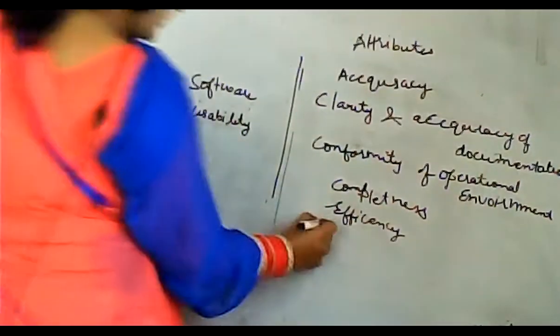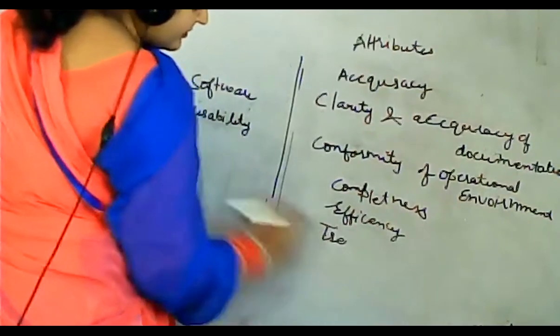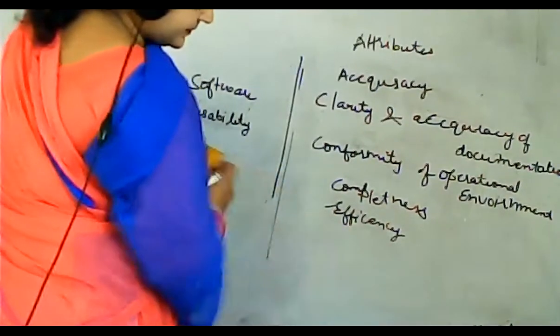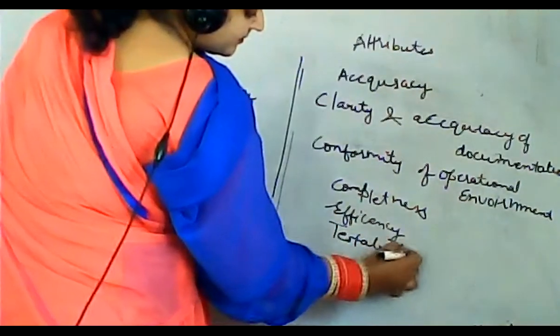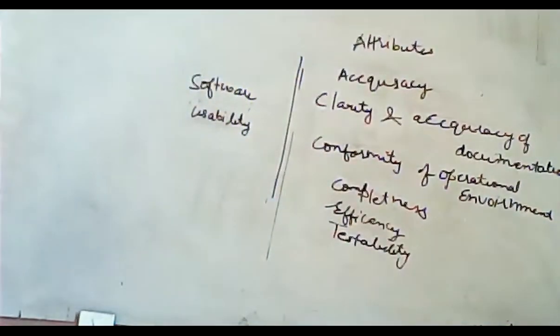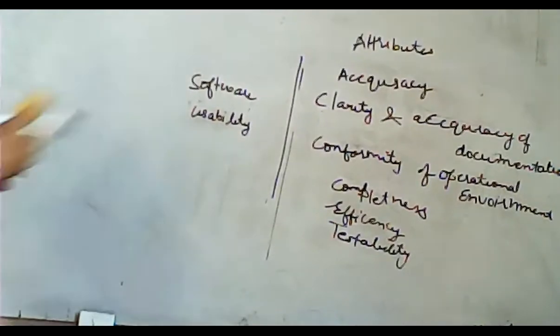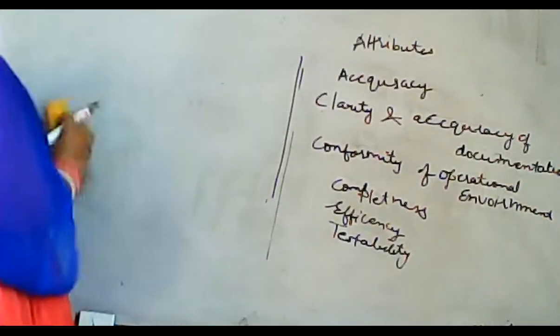Testability. We are able to test that system. So these attributes should define the software usability. Next is when do we define the software maintainability?